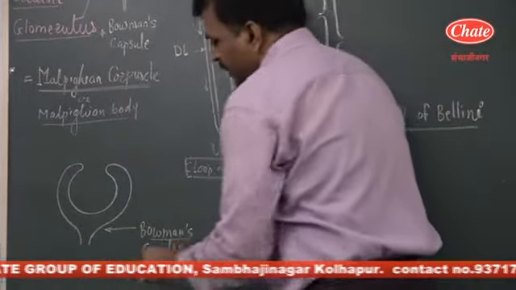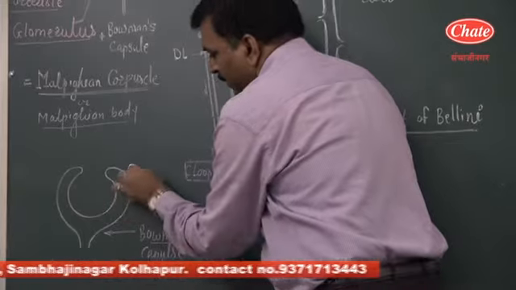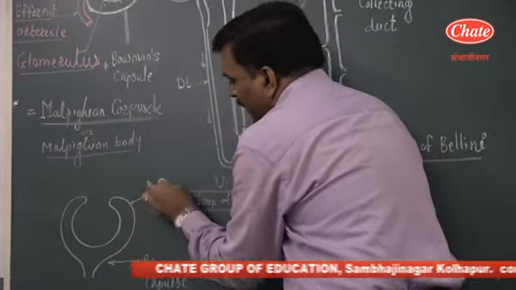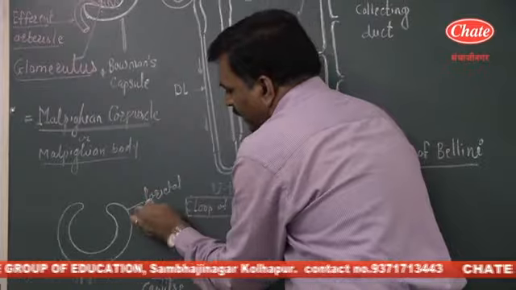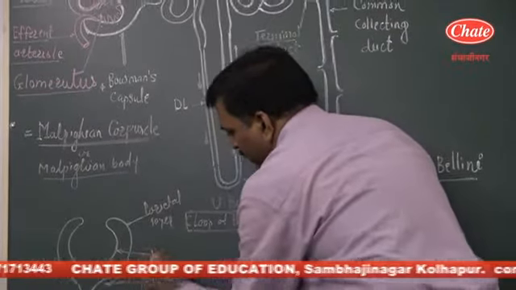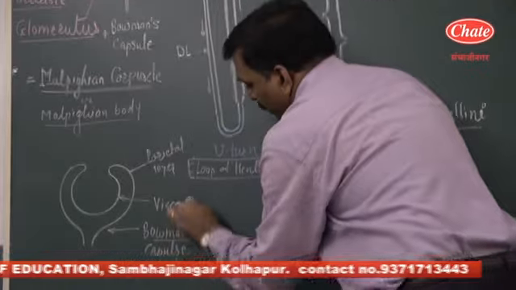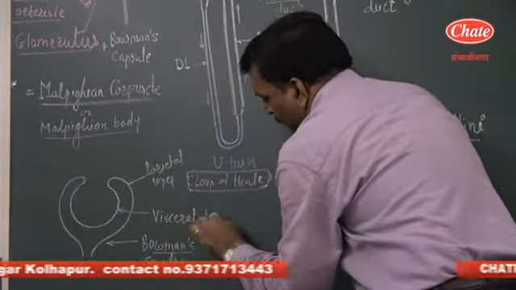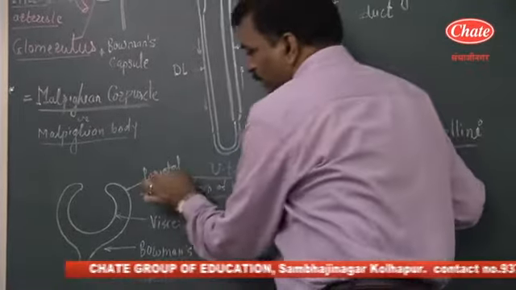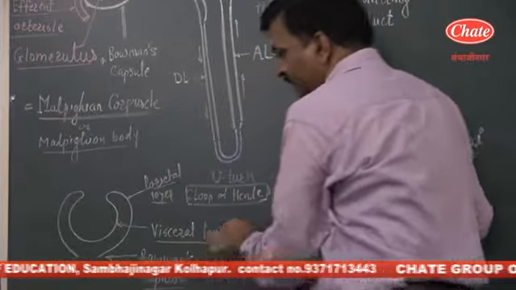This cup-shaped Bowman's capsule is made up of two layers. The outer layer is termed the parietal layer, while the inner layer is termed the visceral layer.